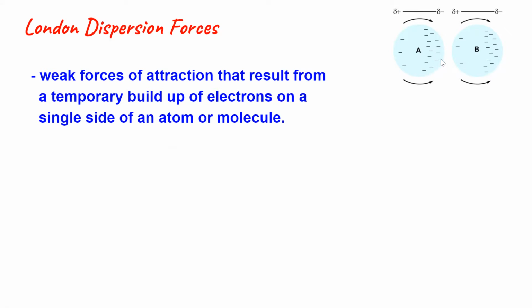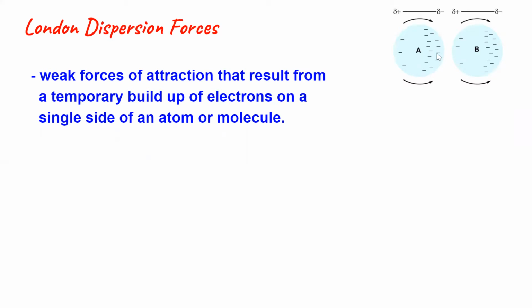What that does is it causes the electrons in a nearby or adjacent atom to move to the other side, remembering that, of course, electrons will repel each other. So when they repel each other, this exposes the nucleus of this second atom to the electrons of this first atom. And as a result, there's an attractive force here known as a London dispersion force.